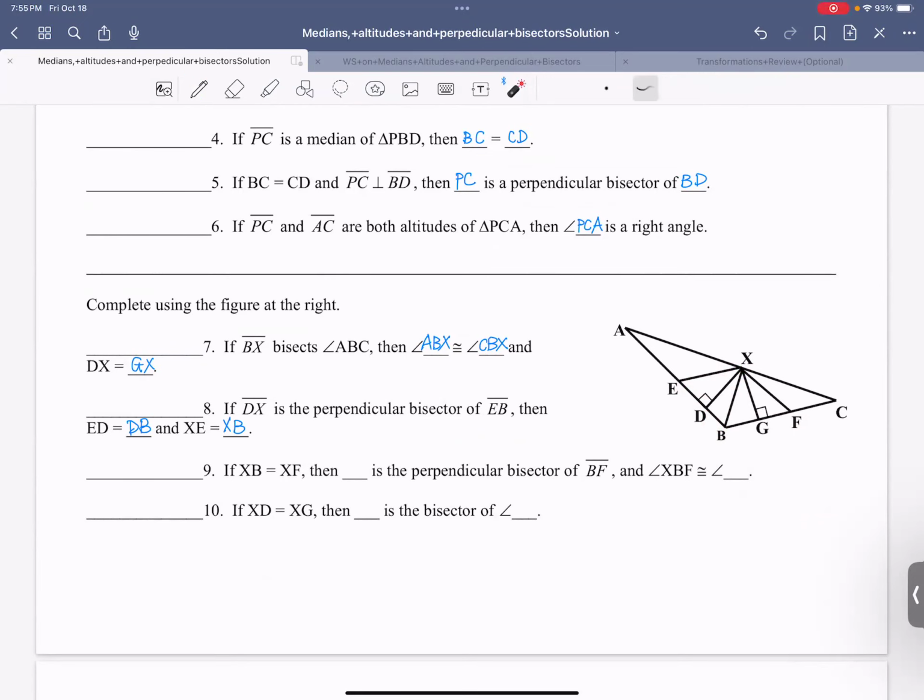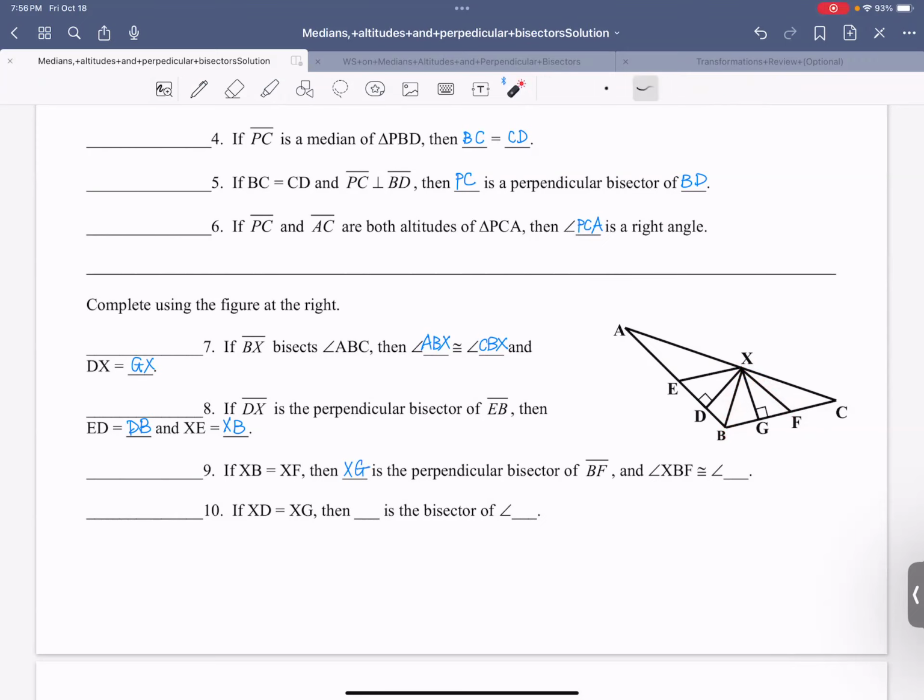Next one, Ranisha. Ranisha, let's do this one together. You have XB congruent to XF right here. Then what's the conclusion? XG is the perpendicular bisector of BF. Yes.